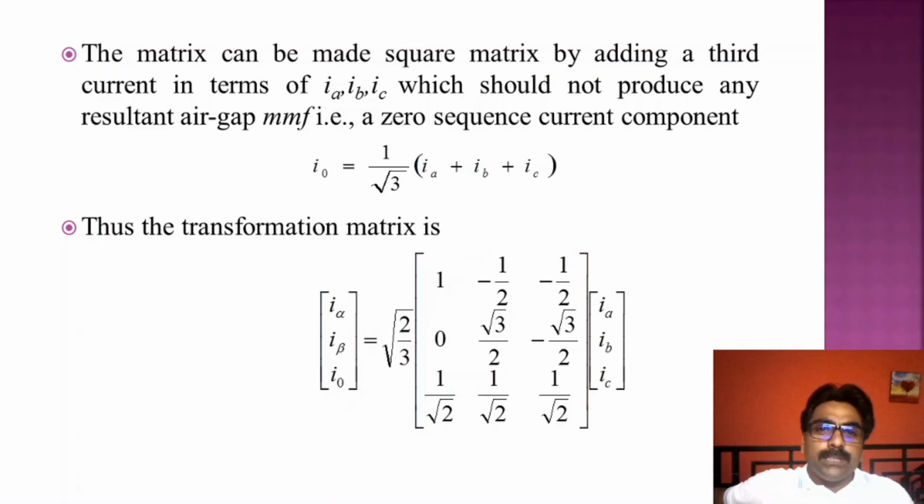So a zero sequence current component is added into the matrix to make it a square matrix, which is not affecting the overall system performance by producing any resultant MMF. So the final equation is written here. If you have a look at it, it is I alpha, I beta and I0, the zero sequence current component, in order to make the transformation matrix a square one.